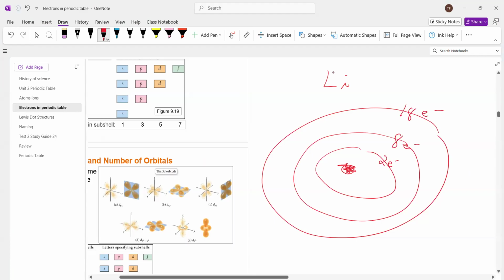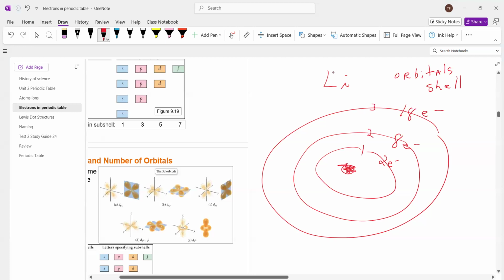Now we are going to name those orbitals as a shell. So we have shell 1, 2, 3, 4, 5, 6, 7. 1 through 7. So this is shell 1, shell 2, 3, etc.